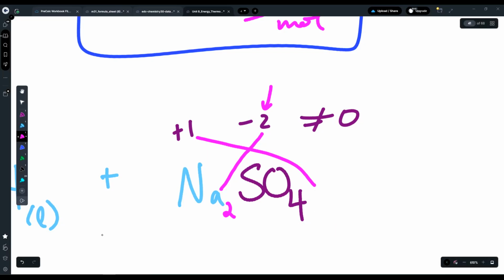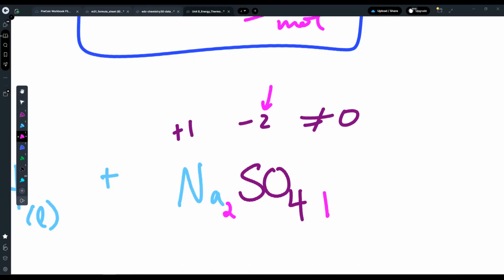Okay, so that's another reason why you shouldn't write a 1 there. It just gets confusing. Okay. Additionally, with polyatomic ions such as sulfate, if you only have 1 of them, you leave it like this. If you have more than 1 of them, then you would write brackets and then whatever your number is. Okay, but since we only have 1 sulfate ion in order to balance this out, then we don't include brackets.